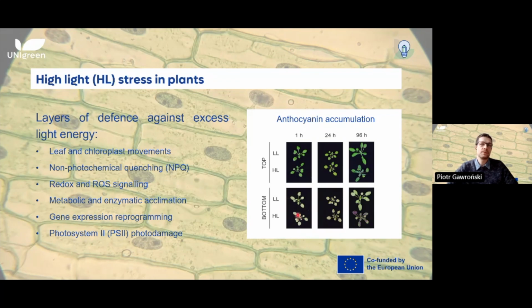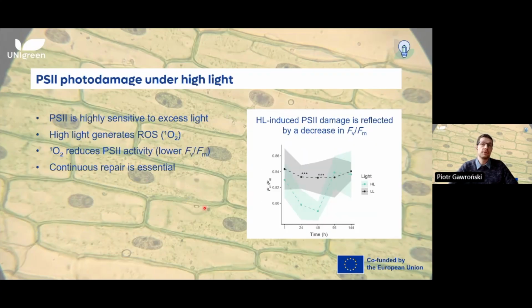Of course, high light also induces extensive changes in gene expression. However, even with all these protective mechanisms in place, high light can still damage the photosynthetic machinery. And photosystem 2 is the most light-sensitive component of photosynthesis.